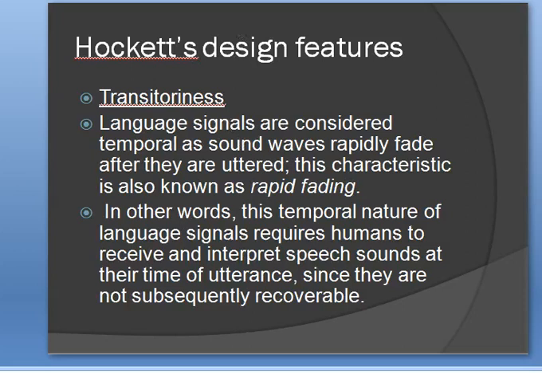Otherwise, it will fade. It will be nowhere anymore. So whatever is said should be received at that time, otherwise it will not be there anymore. So this is another design feature given by Hockett.